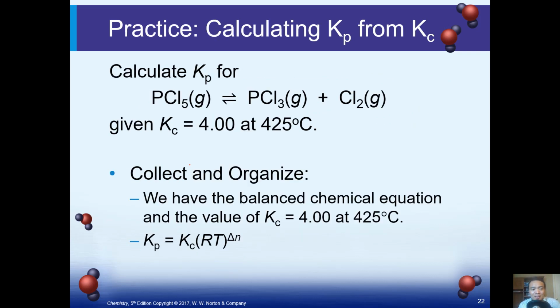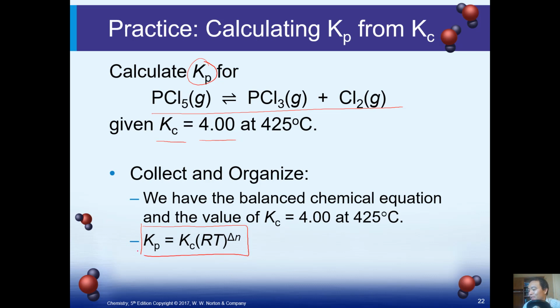Let's look at another example. In this example, we are asked to calculate Kp for a certain reaction at equilibrium given the Kc. So we do know the Kp-Kc relationship, which you will have to memorize or put on your note card.